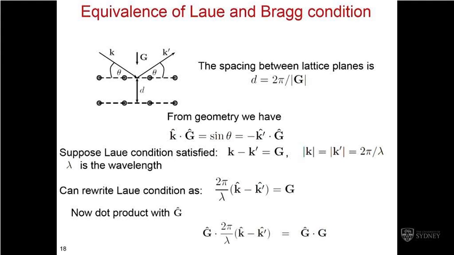Now we can rewrite this expression in terms of hats by putting the wave vector k equals 2 pi on lambda, which is the wavelength of the incident radiation. These now have hats on, coming straight from here. And then if you take the dot product with another G hat, which is in the direction shown here, then obviously it equals G hat dot G. Continue.